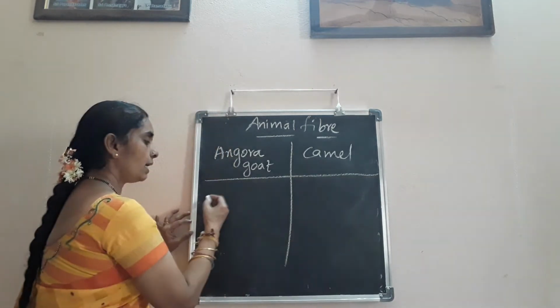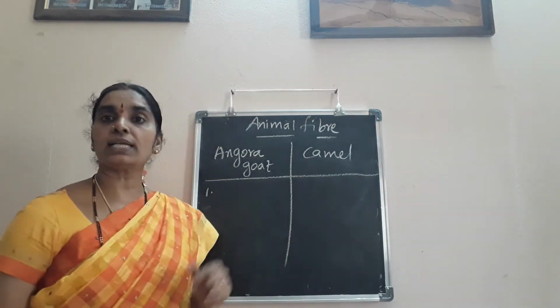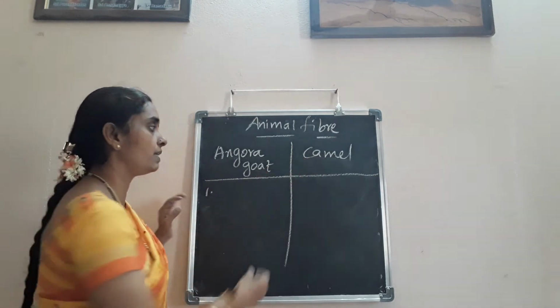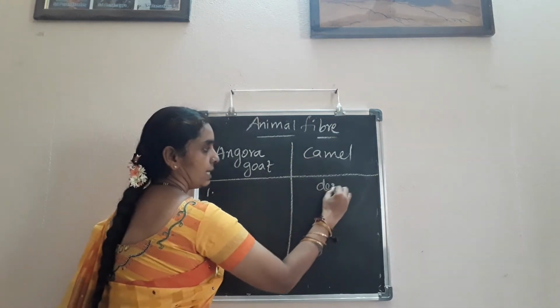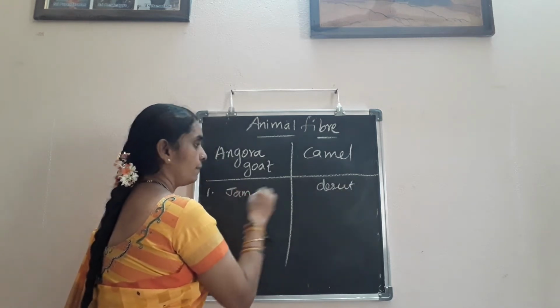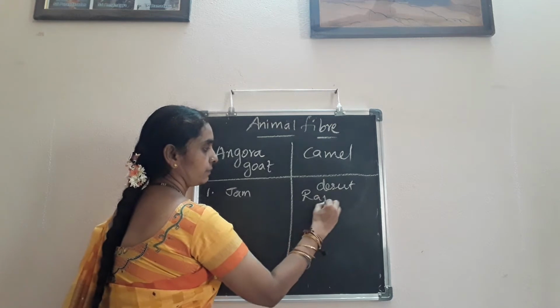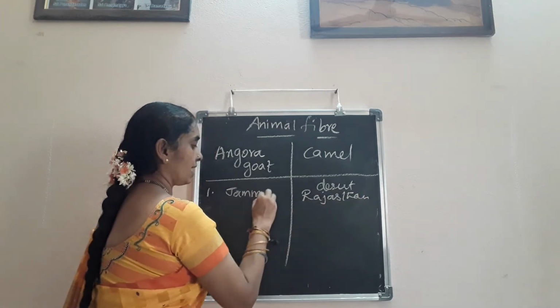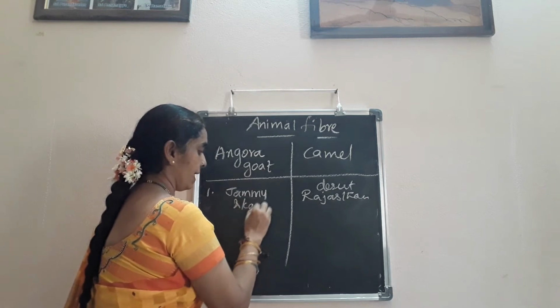Okay children, here we can see that the Angora goat is found in Jammu and Kashmir regions, very cold regions, whereas the camel is found in the desert, isn't it? So here it is found in a warm climate, like the desert of Rajasthan. Jammu and Kashmir is a very cool place.